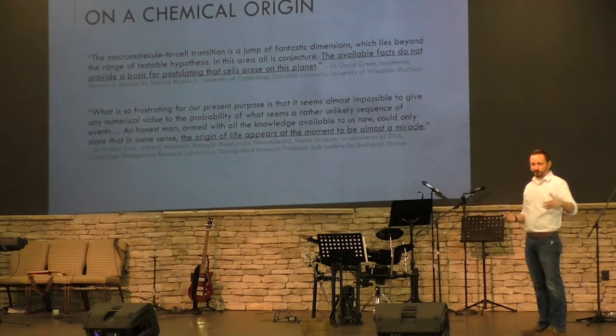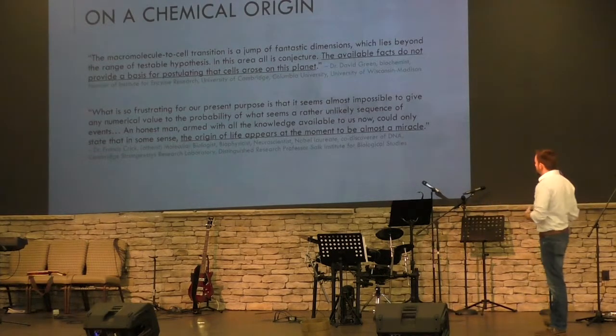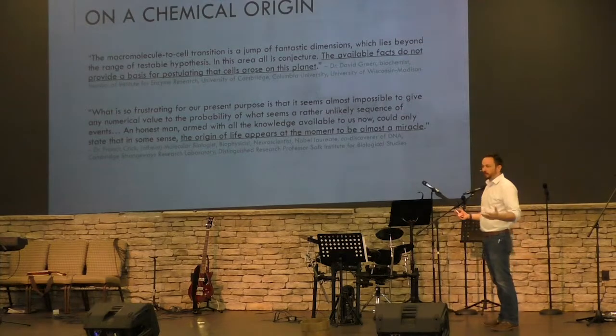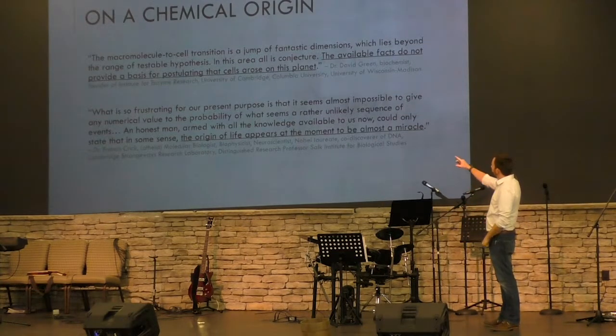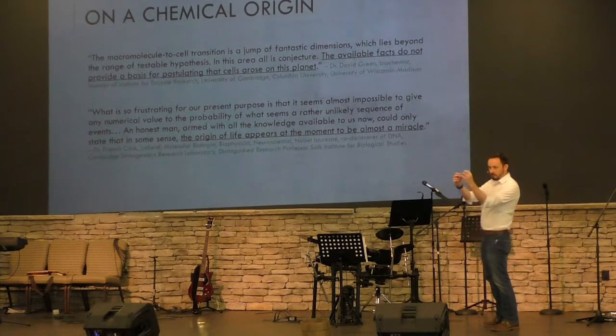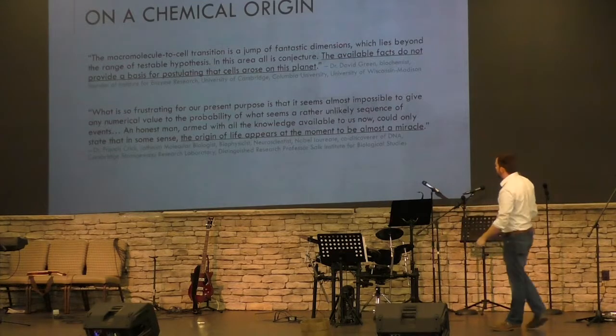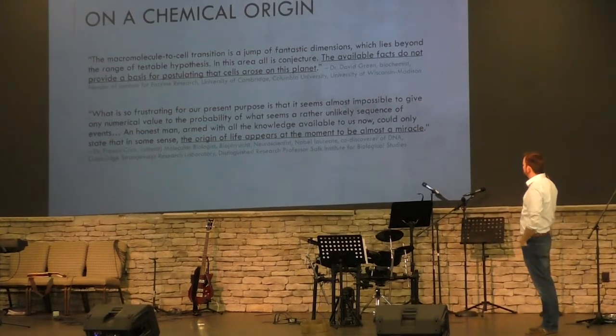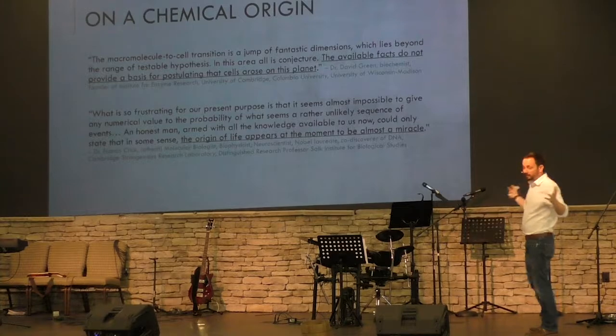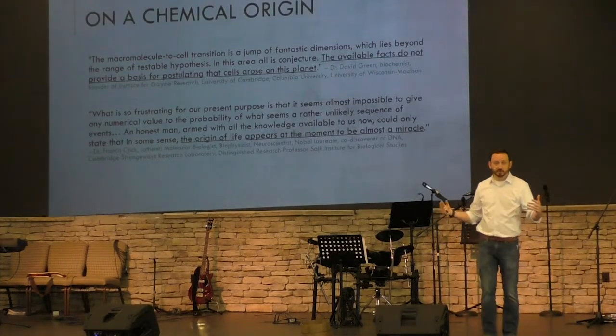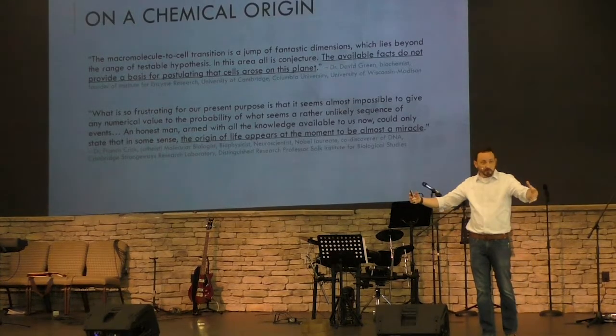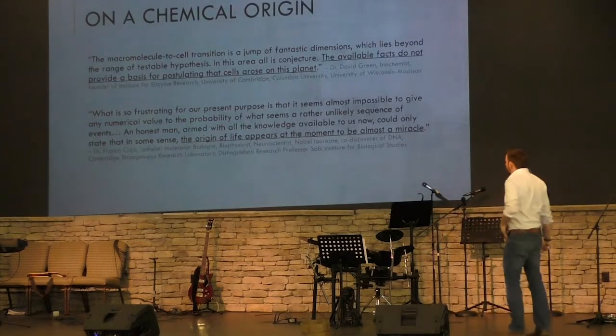Here's some scientists who are a lot smarter than any of us, probably, basically telling you what I just told you. This whole molecule to living cell transition is really a jump of fantastic dimensions, which lies beyond testable hypothesis. There's nothing science can do to really produce an experiment that's going to show you how it was done.